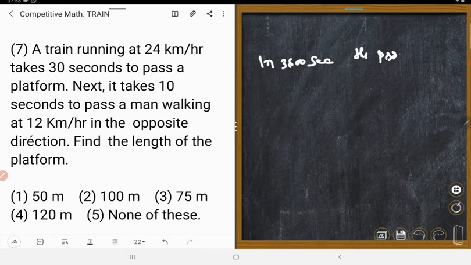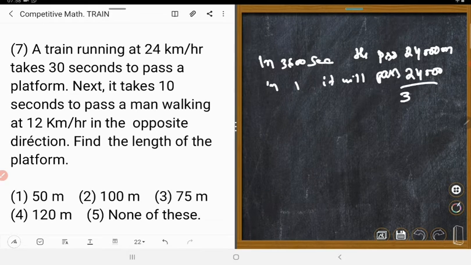24,000 meter. In 1 second, it will pass 24,000 upon 3600.